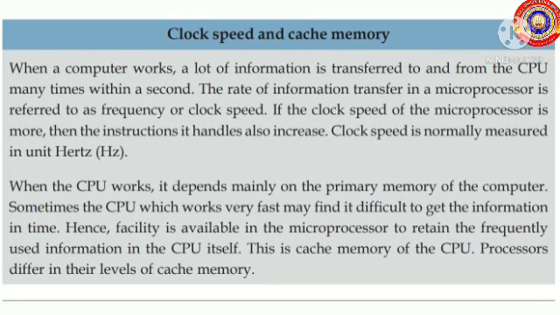Then, sometimes the CPU may find it difficult to get the information on time because all the information brought by it will be processed at a very high speed. So, facility is available in the microprocessor itself to retain the frequently used information in the CPU. This is known as cache memory.